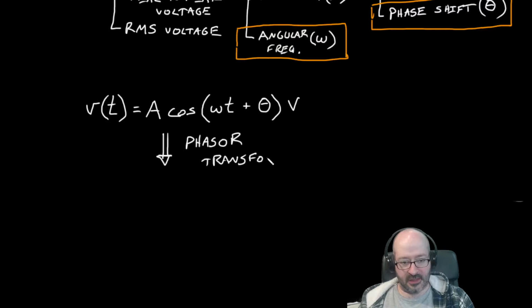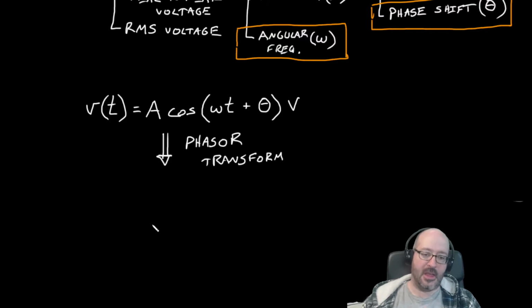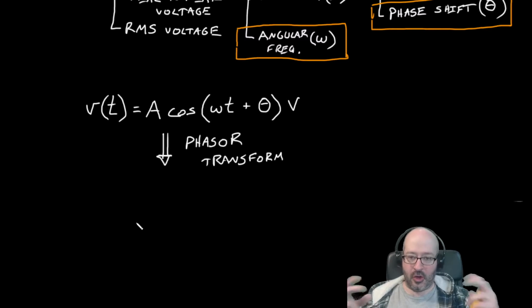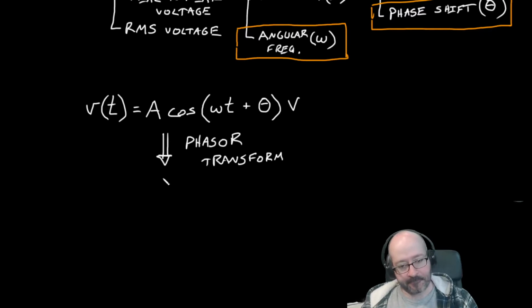We will take this time domain function and we will represent it differently, as what we call a phasor. Okay, we take the amplitude, and in polar form we say we have an amplitude at an angle of theta. Okay, and that's going to be in volts because it keeps that unit.